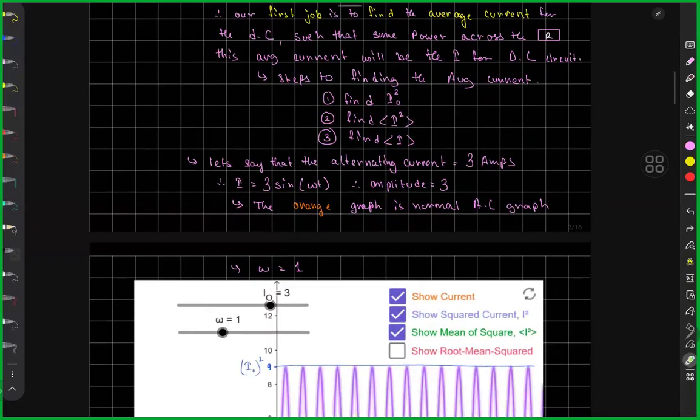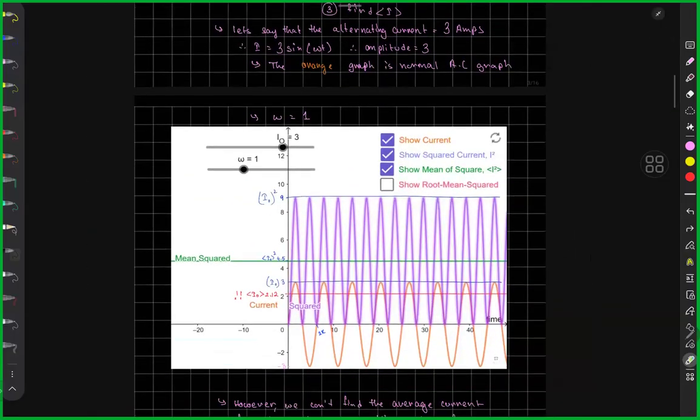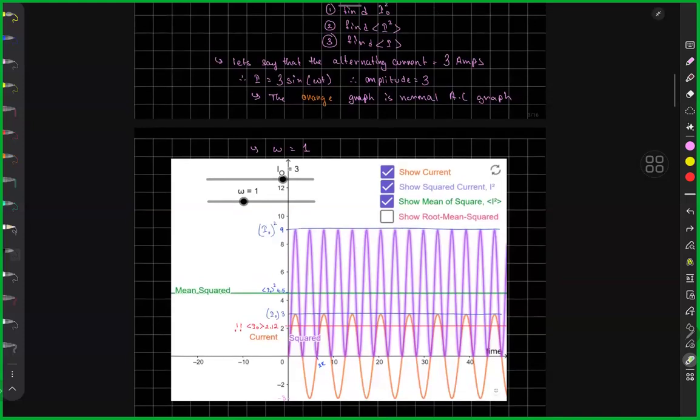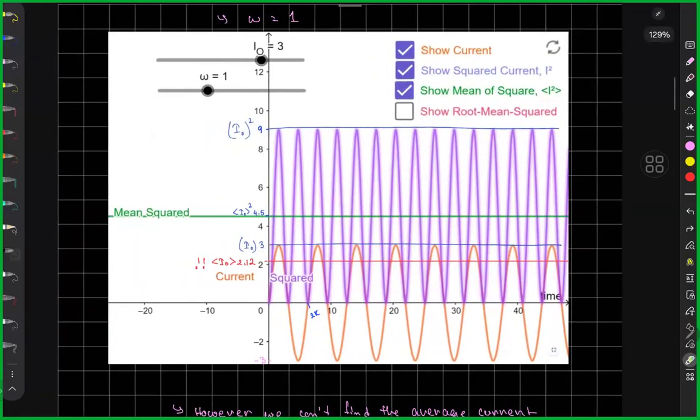And when I show this graph, give me a moment. There are a bunch of graphs. When I have the orange graph, if you notice very carefully, it varies between positive and negative values. This is your alternating current, the AC current supply, and you have I naught as 3.